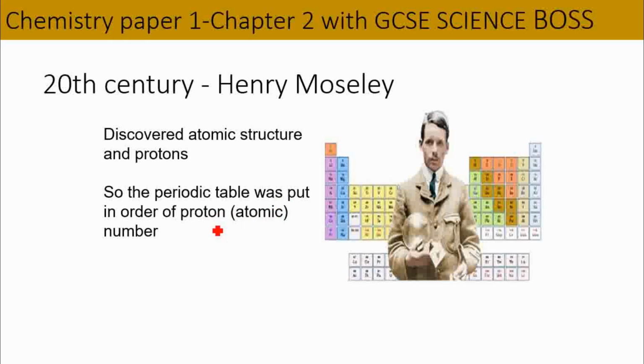Not mass number, but proton number. So currently the periodic table is ordered in terms of proton number and not mass number. And there are some examples there: if you look at your periodic table, look for iodine and look at the element which comes after iodine, you realize that they do not go in order of mass number but proton number.